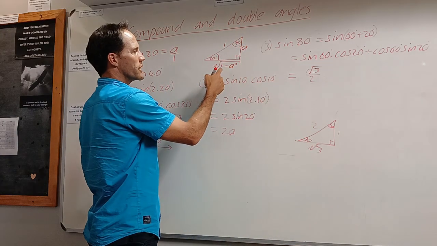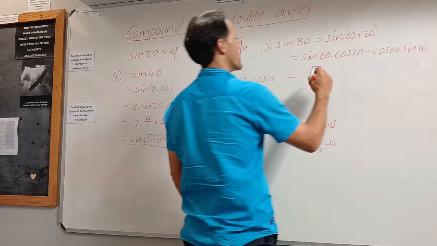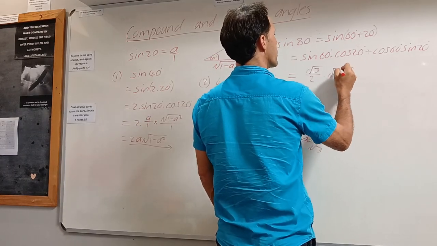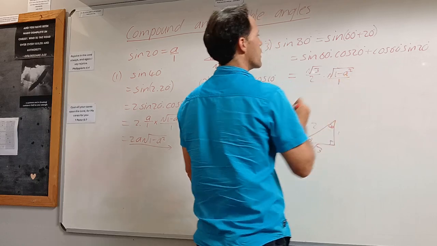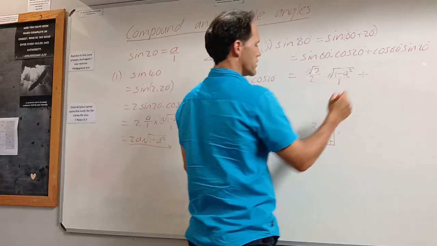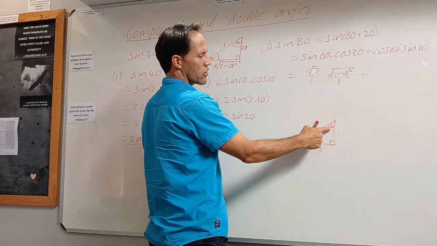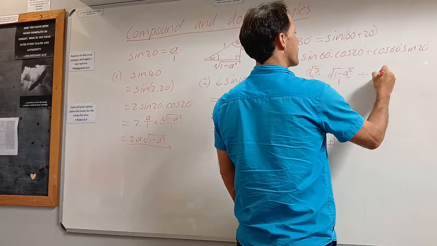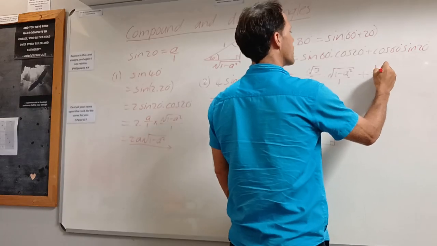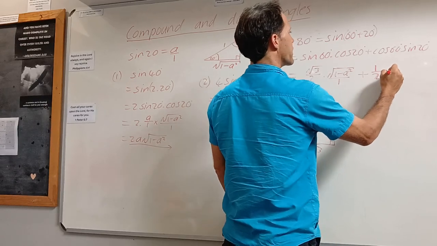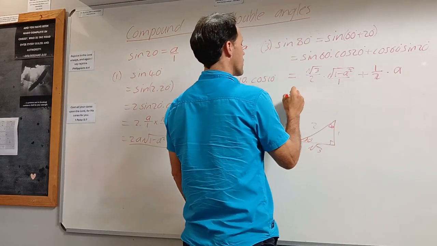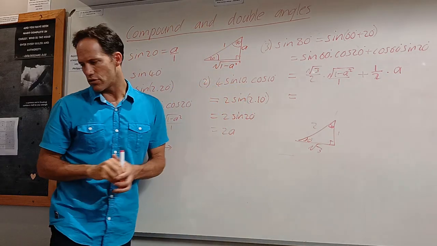You go back, cos 20 is square root of 1 minus A squared over 1. And then plus cos 60, adjacent over hypotenuse, 1 over 2. And then the last one is sine 20, which is just A. So then you just substitute them.